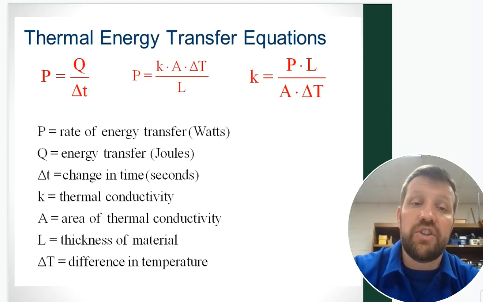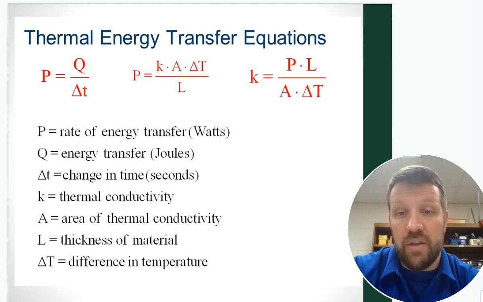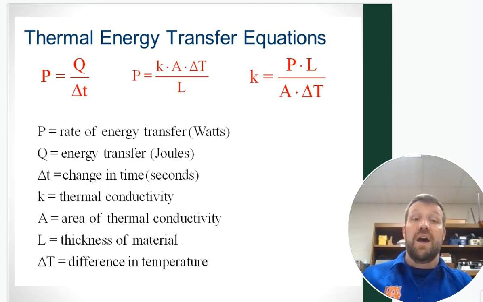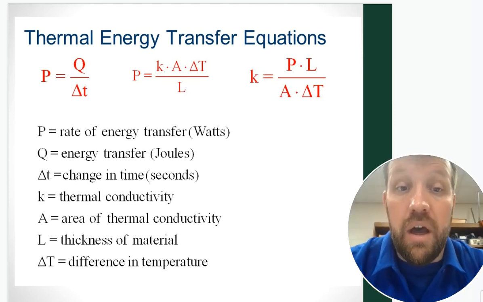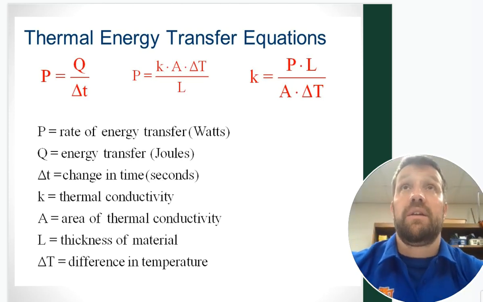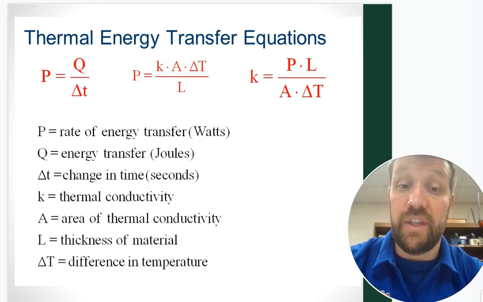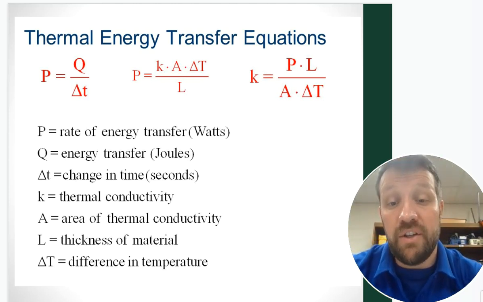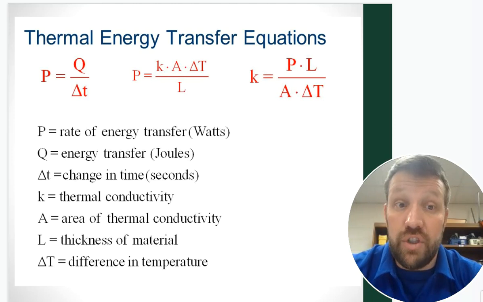Some of our thermal energy transfer equations. So the rate of energy transfer in watts. This is essentially the power of transferring thermal energy, and thus you see the P here. A couple different ways to measure that. Q, which is just joules, right? Energy transfer in joules divided by time in seconds.